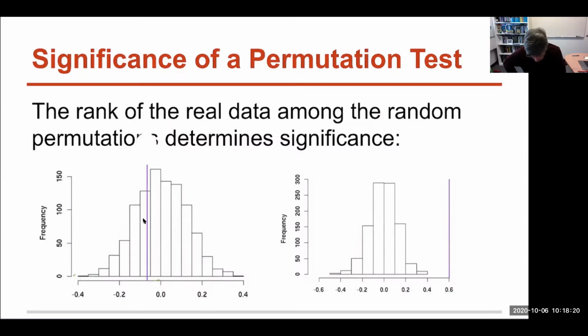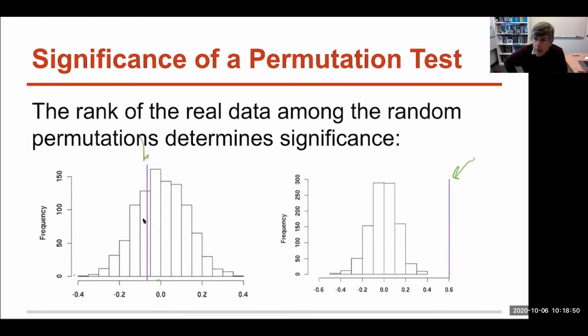If the observed difference lay over here in the middle of the distribution, I'm not very impressed. It was presumably something that could be easily explained by chance. If, on the other hand, the real observation lies pretty far from most of the probability, then this is something that probably could not have been happening by chance.